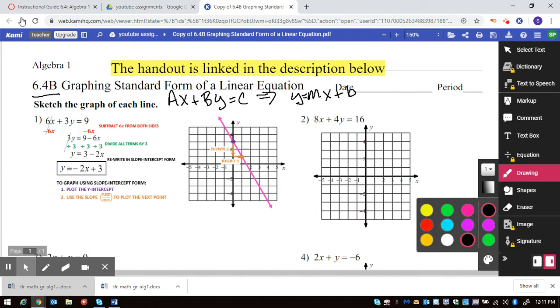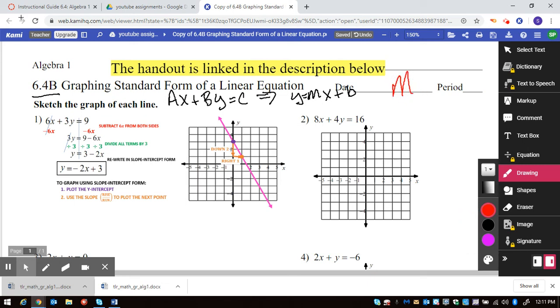Okay, and to do so, for the last couple of weeks, we've been using an acronym to help us out: Mr. D. The M in Mr. D simply means to take the x and move it to the opposite side using the opposite sign.